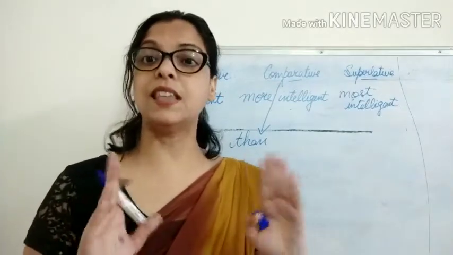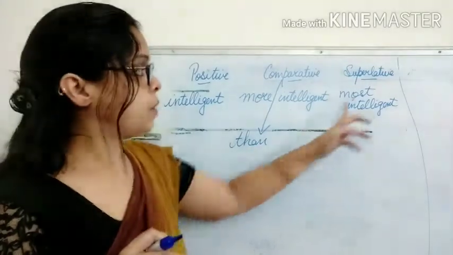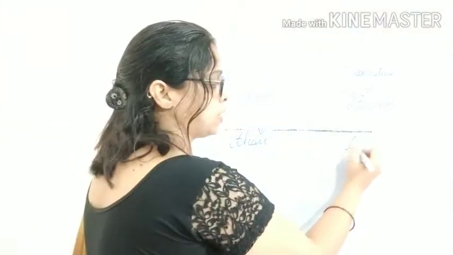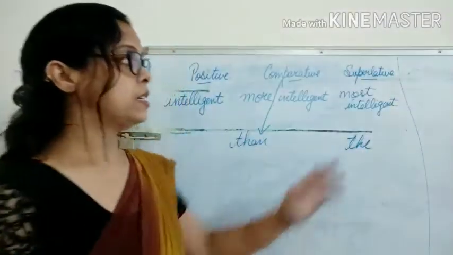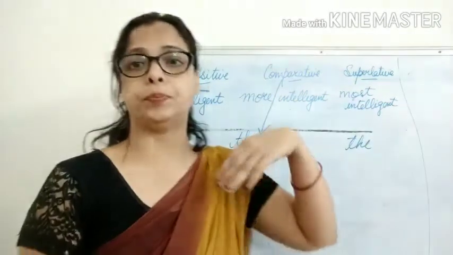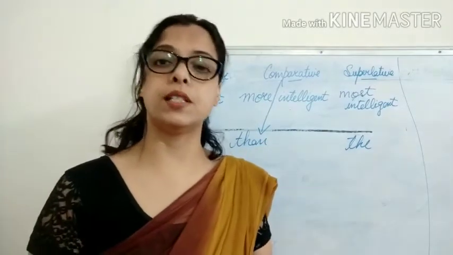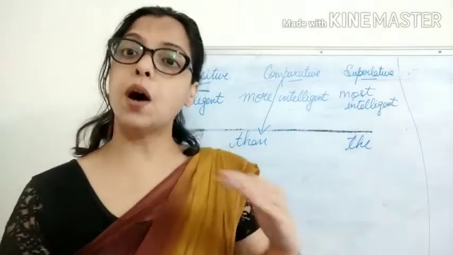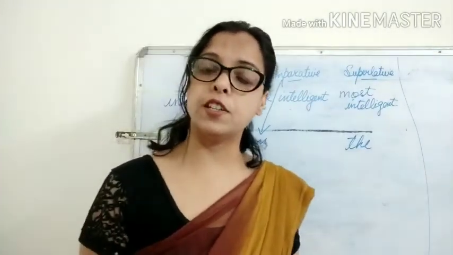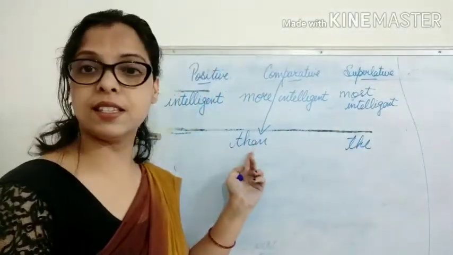Like this, you will use the word than. And in the superlative degree, just before the word you will always find the article the. Like Reena is the most intelligent girl in the class, or Ram is the tallest boy of the class, or Riya is the most beautiful girl in the class. So before the superlative degree you will always find the article the, and in the comparative you will find than.